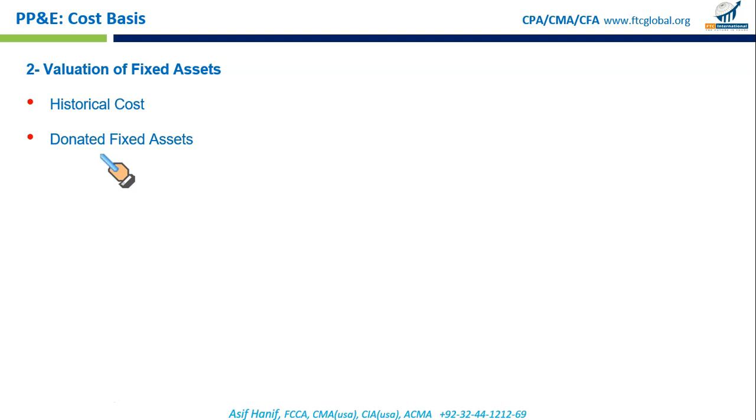Donated fixed assets. Donated fixed assets mean that sometimes a company receives a fixed asset as a donation. In that case, if a fixed asset is received as a donation, it is recorded at its fair market value. For example, we received an asset that has a fair market value of $10,000 and we had to pay some incidental costs in preparing the asset for use, let's say $500.